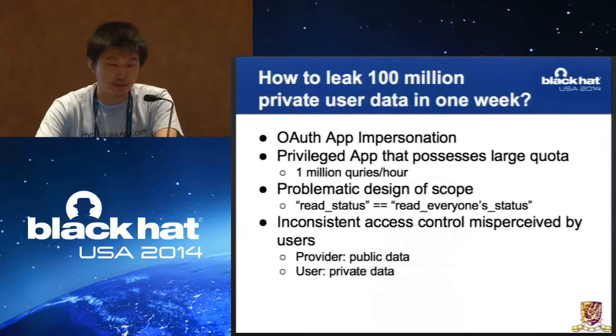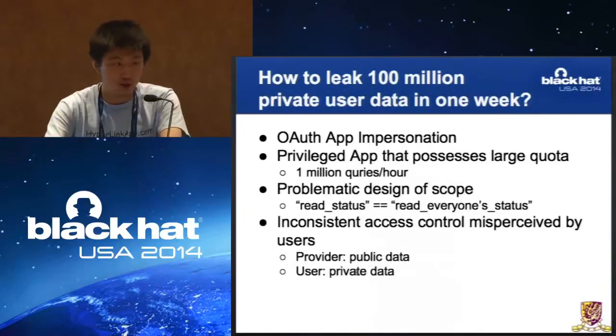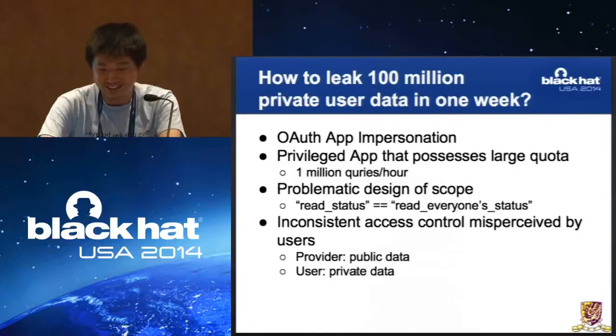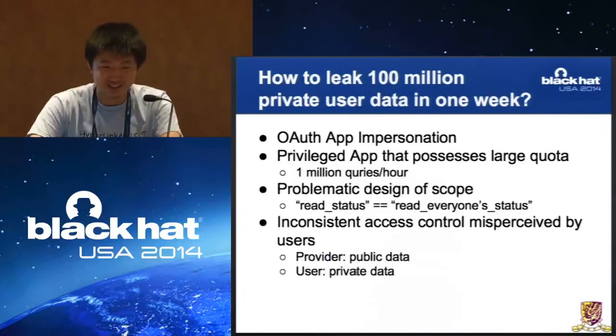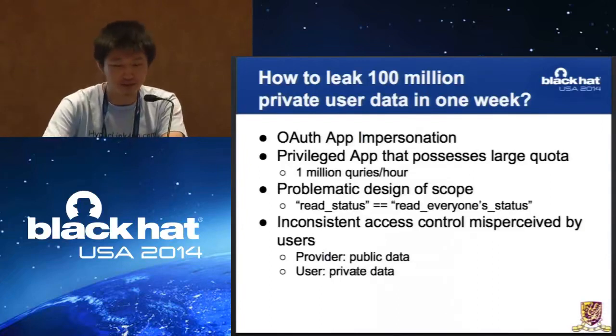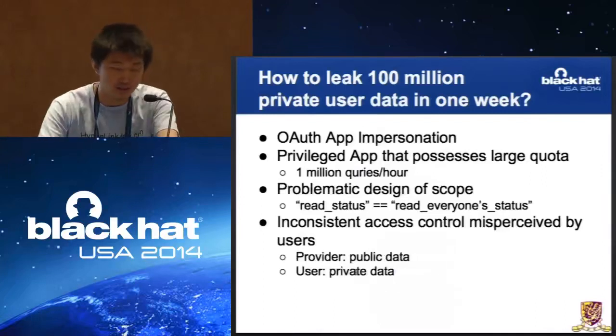The third is the problematic design of the API. Firstly, the scope: read status is basically equal to read everyone's data, and the provider denied that this is a mistake, saying it is by design. There is even inconsistent access control, because the provider says public while users say the data is private. That's why the leaked data is sensitive.